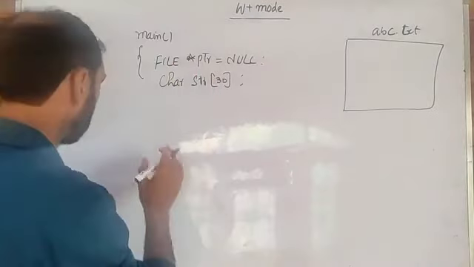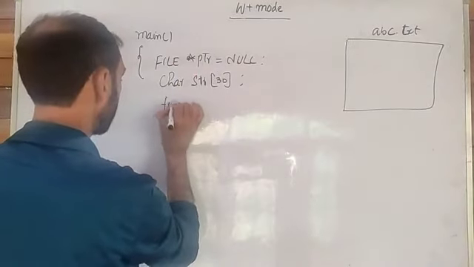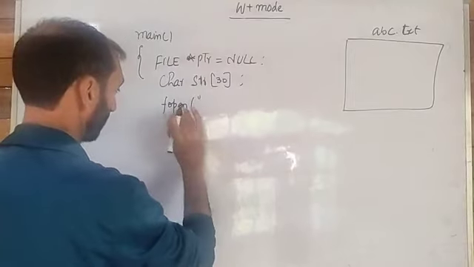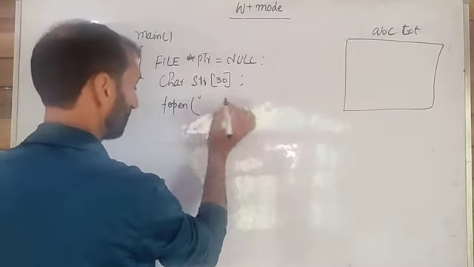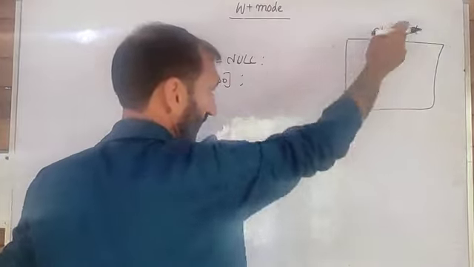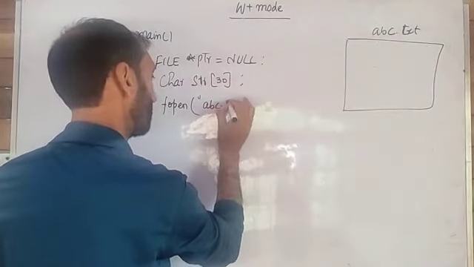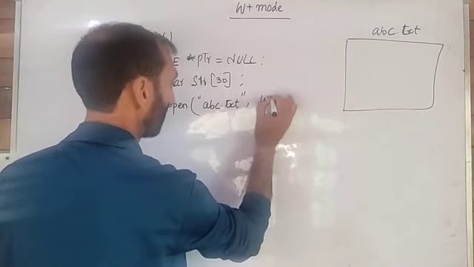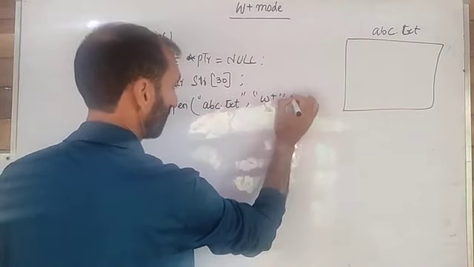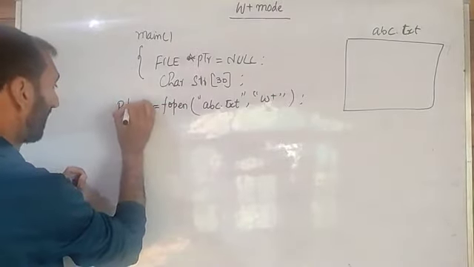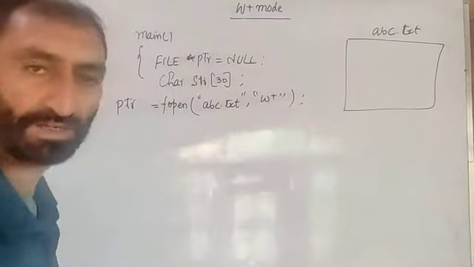So how can we open it? fopen is the function which is used. It will take two arguments. First is the name of the file, which in this case is abc.txt, and we want to open it in W plus mode. And it will return a pointer address that will be stored in the pointer.